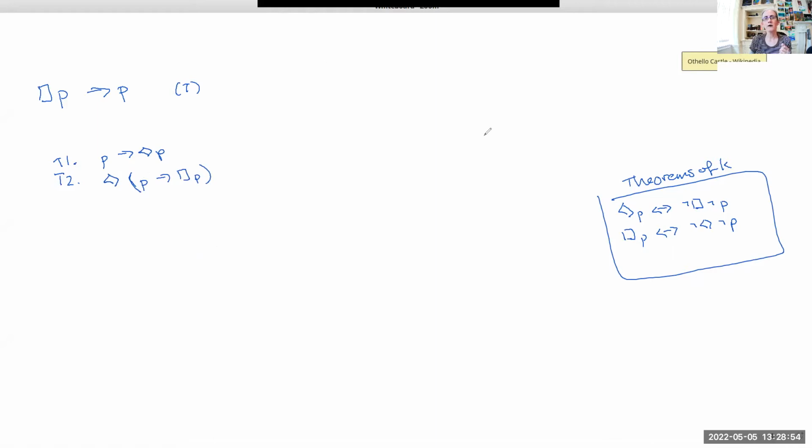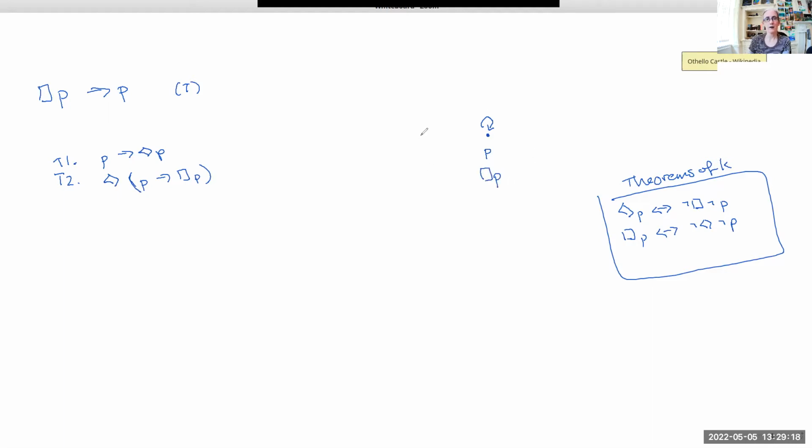What would it have to be the case for necessary P and P to coincide? Well, P would have to be true there. We're working in a reflexive system, so we have to have this reflexive loop. But if this world here doesn't see anything else, then every world it sees makes P true.